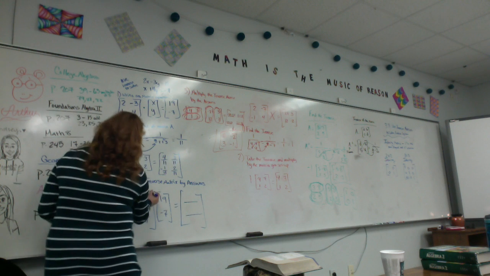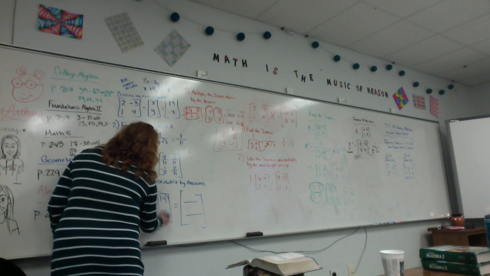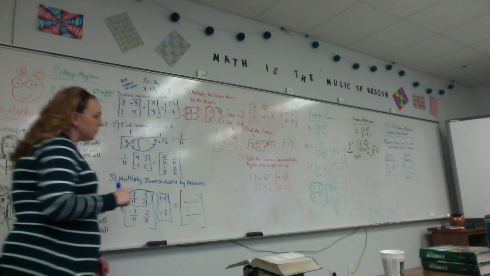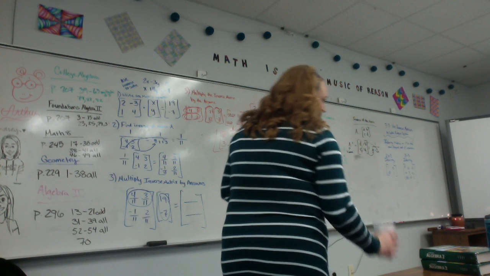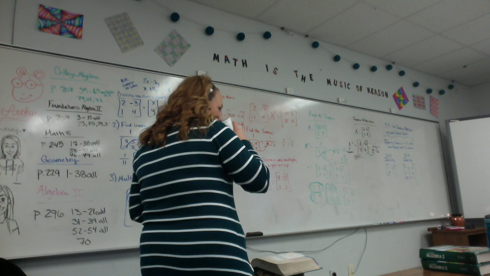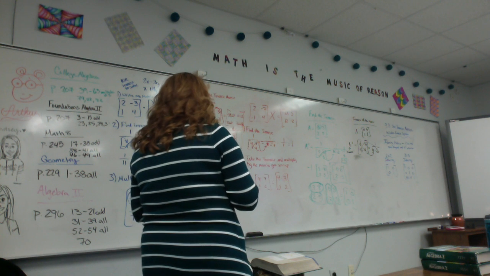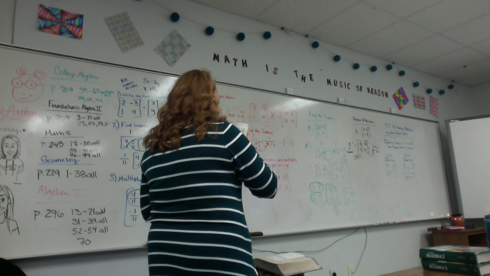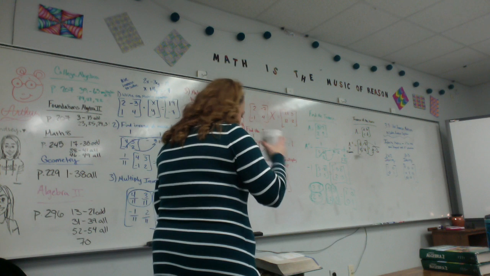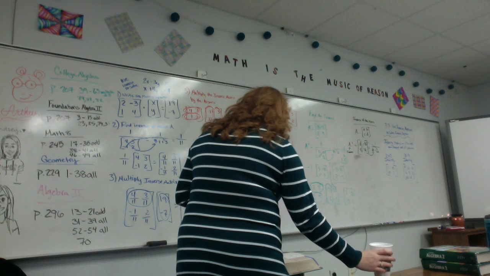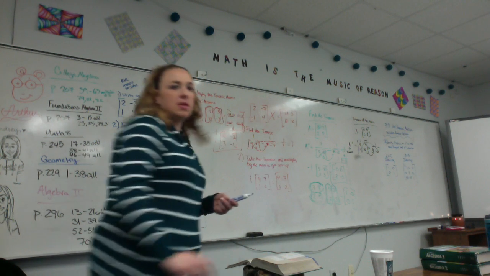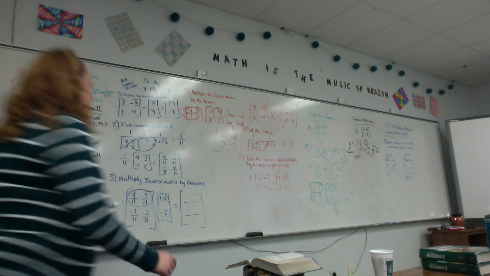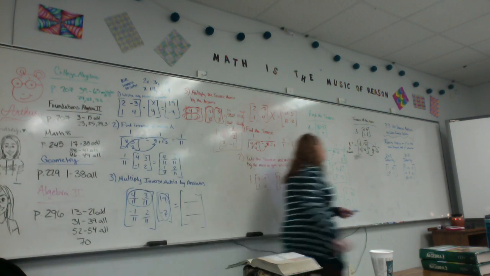Okay. Row by column. What is 19 times 4 divided by 11? 6.9. Let me double check. 19 times 4.